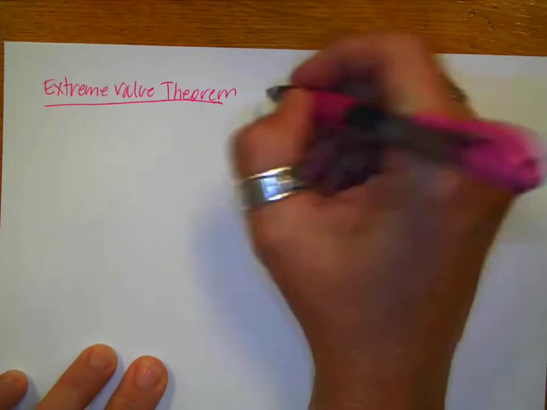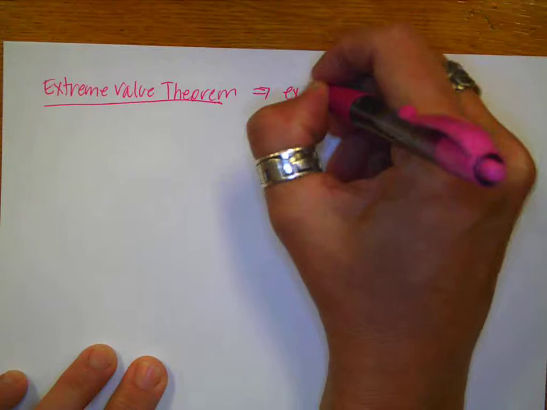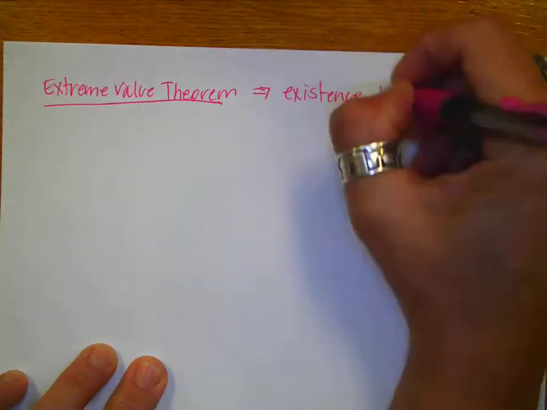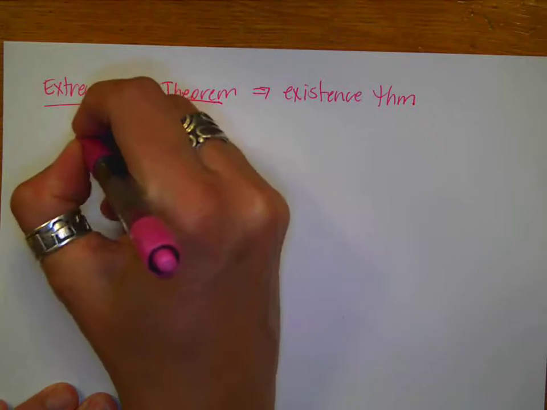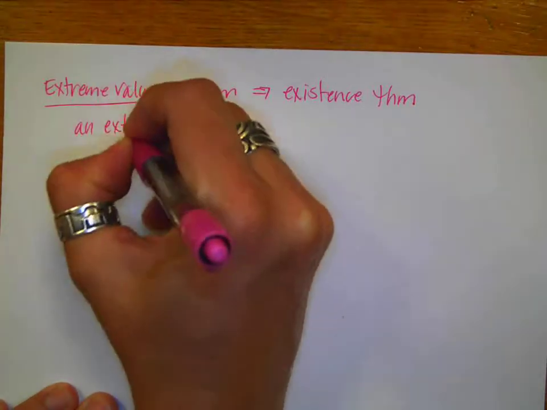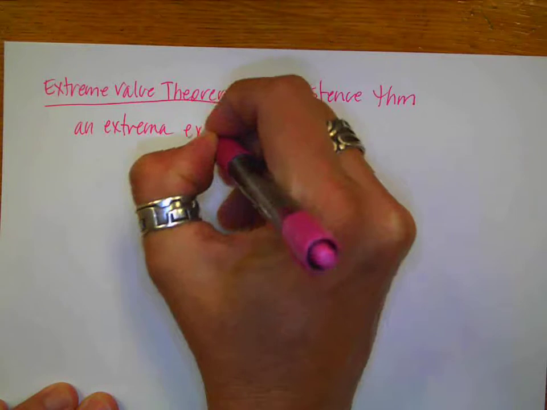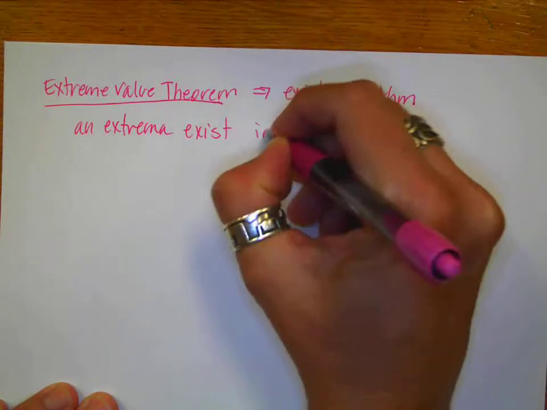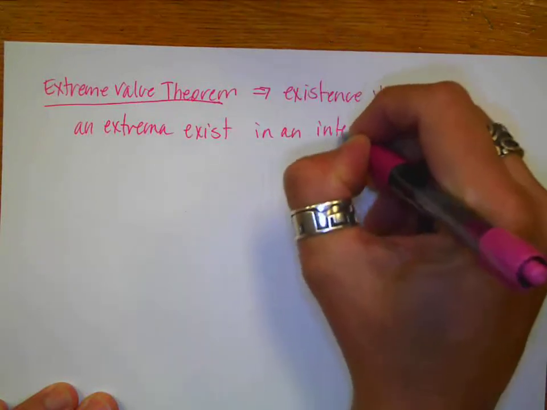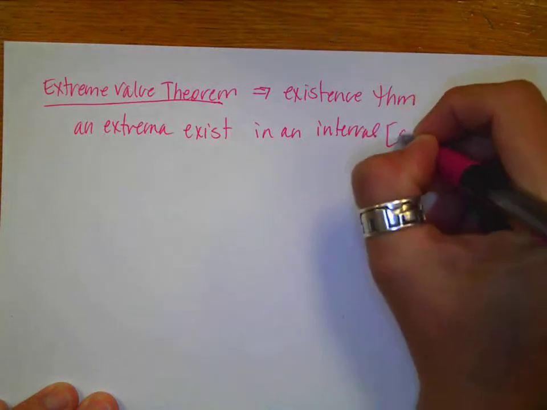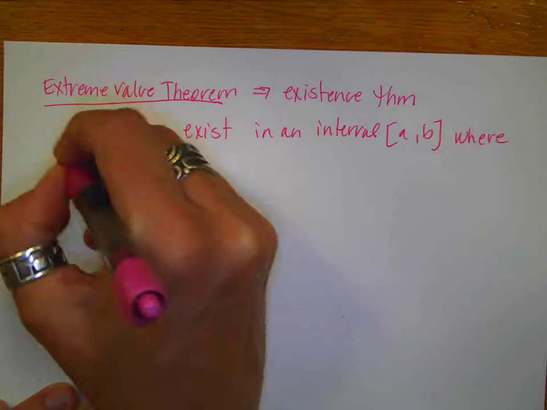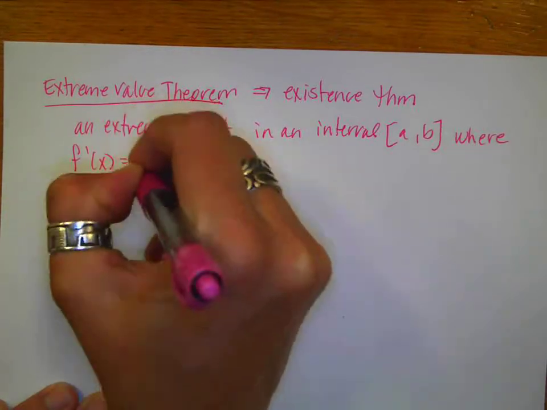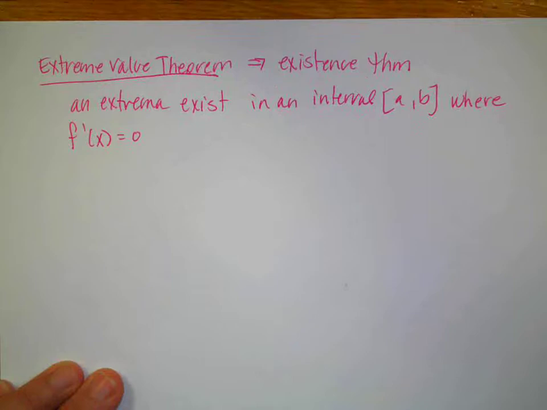Okay, and yes, we are building up to curve sketching, but we'll get there shortly. This is an existence theorem, and basically his claim to fame says that an extrema is going to exist in a closed interval where we have a derivative equal to 0.